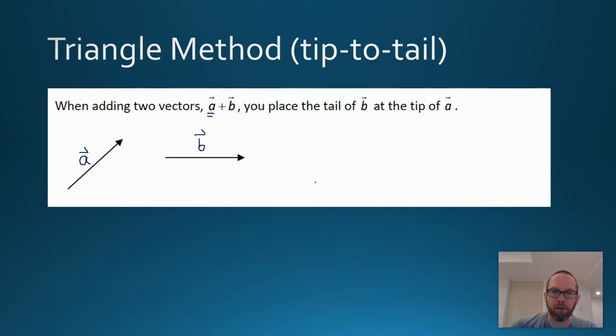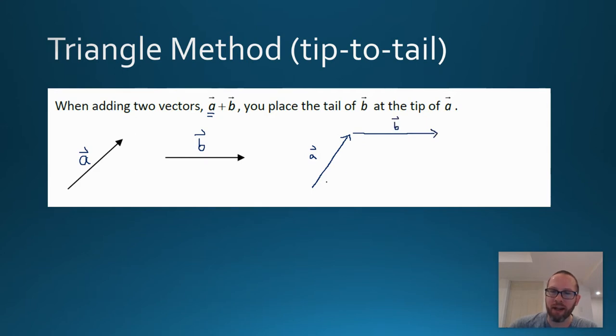Since vector A is first, we draw vector A, or I'm just redrawing it. And then at the tip of A, where A ends, the head of A, we place the tail of B. So we've drawn A, and now from A, we draw B, like so.